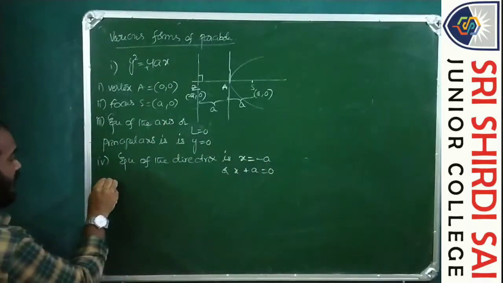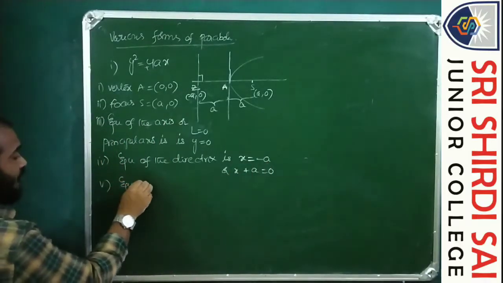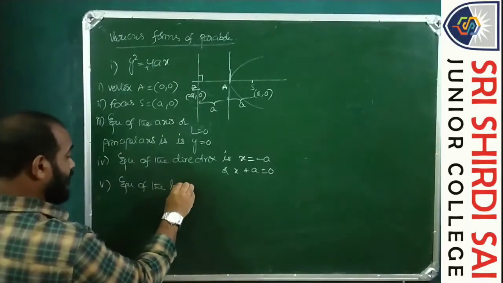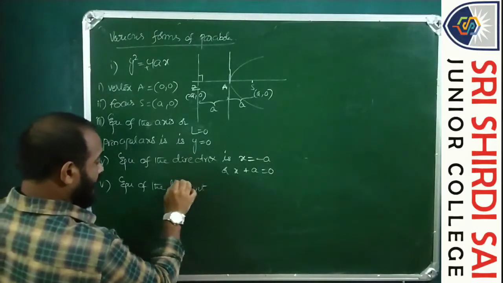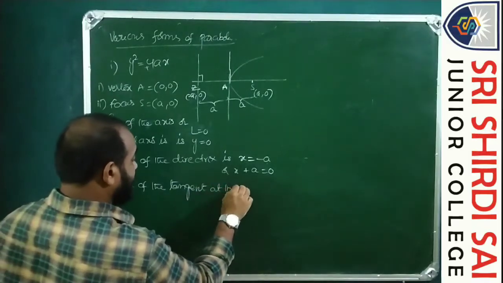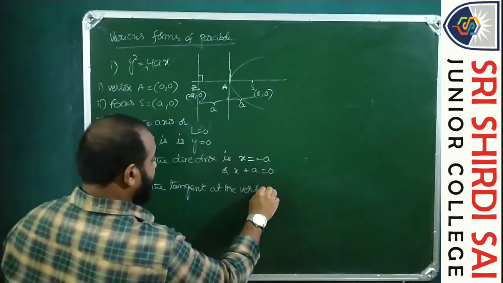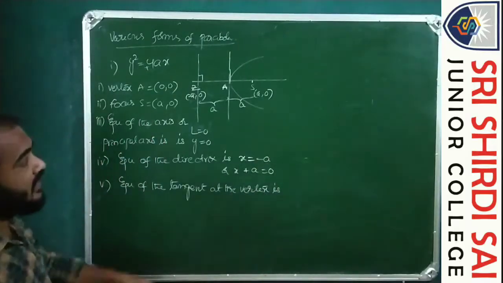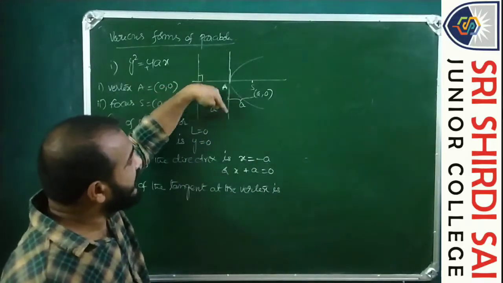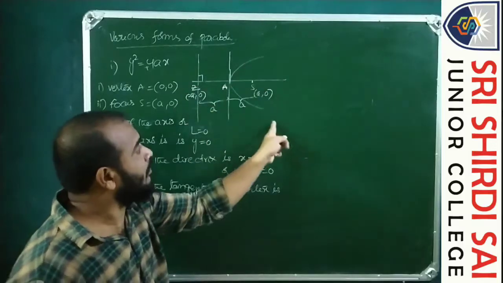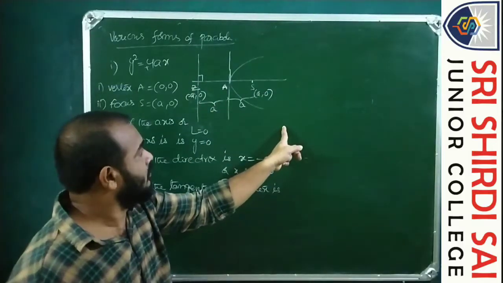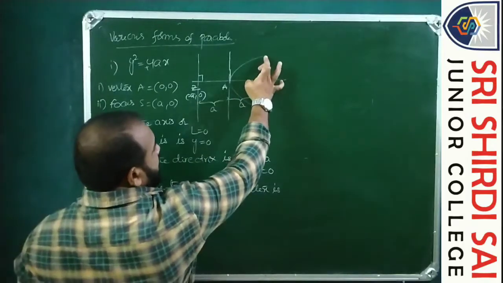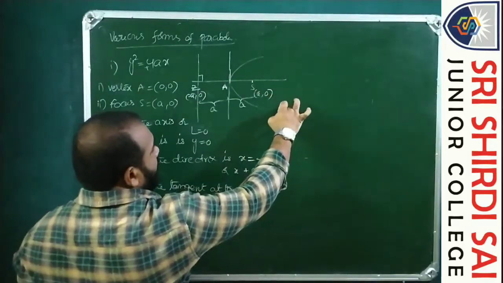And the equation of the tangent at the vertex: what is the equation of the tangent? This is the tangent to the parabola. So at the vertex, this is the parabola.